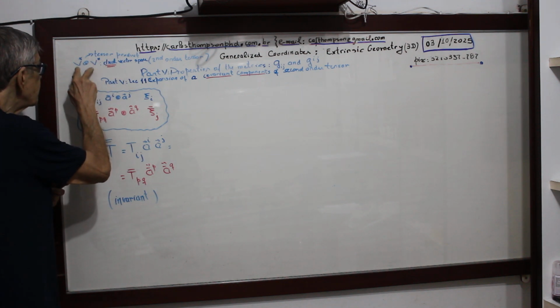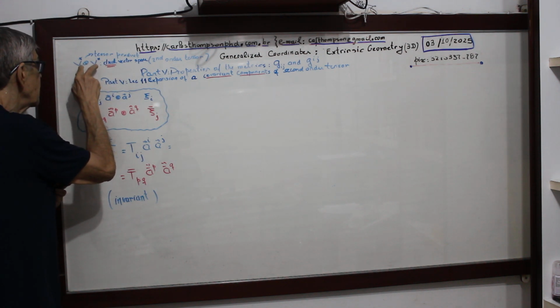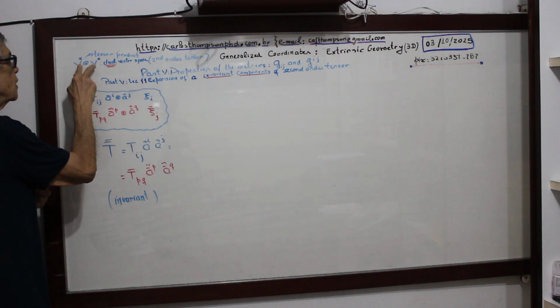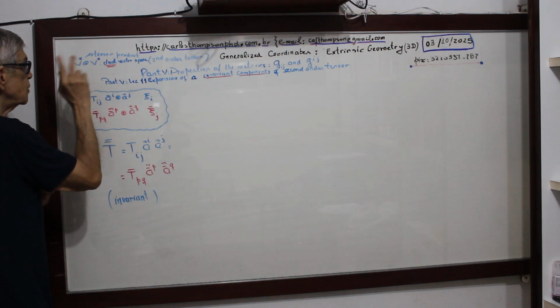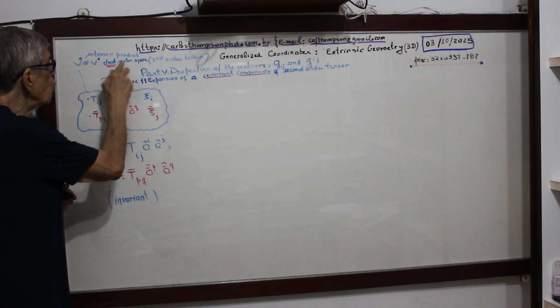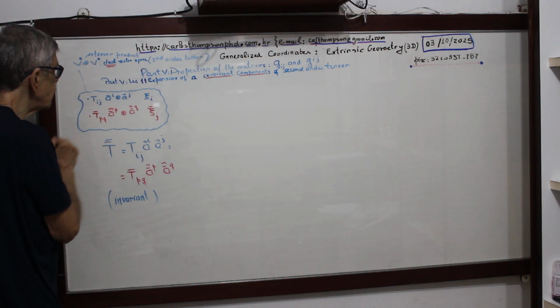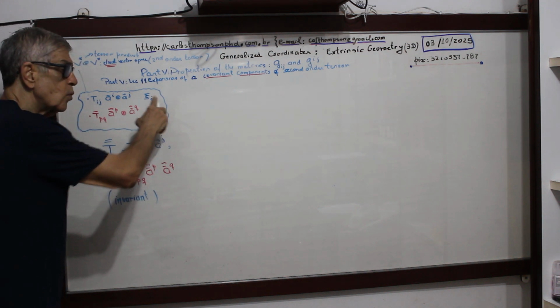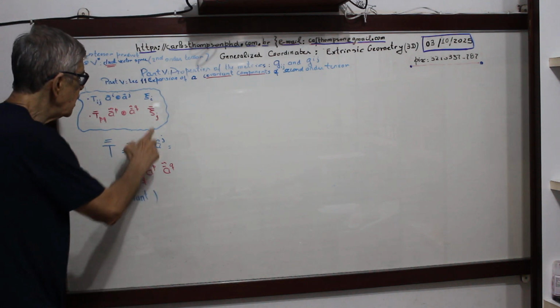Now, this is a vector space, okay, and this here is a dual vector space. You see, this is not the vector space, it is the dual vector space. You see the star over here. So then these are the covariant coordinates.